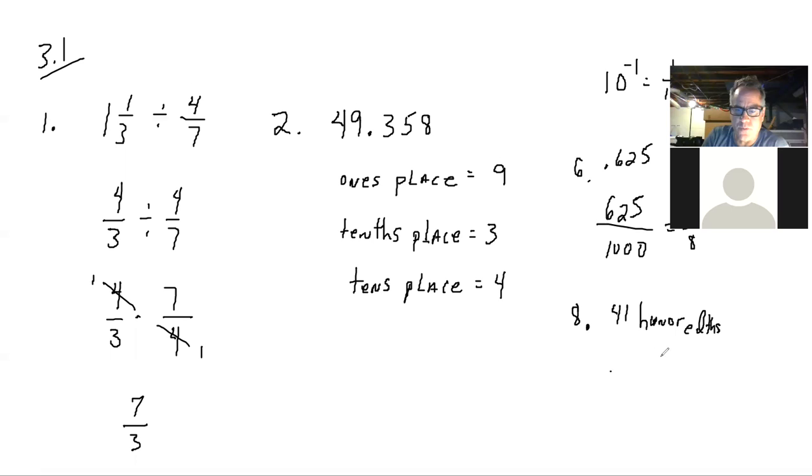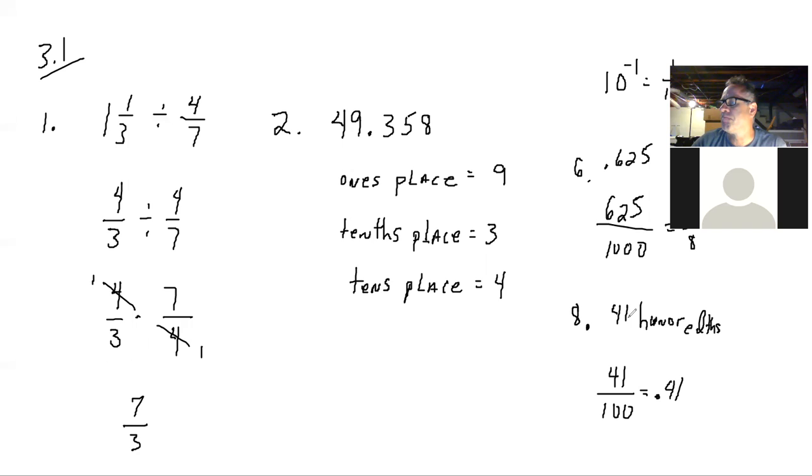Another way to think of it is if you phrase it as 41 hundredths, it's just like a fraction, right? 41 over 100, which in decimal form is 0.41. So you can either put it as a fraction, 41 over 100, which in decimal form is 0.41, or you just say 41 hundredths, that's two decimal places, 0.41.